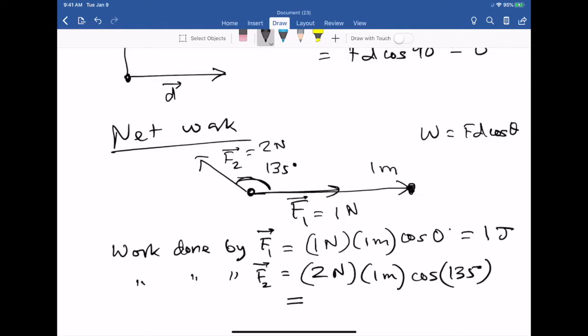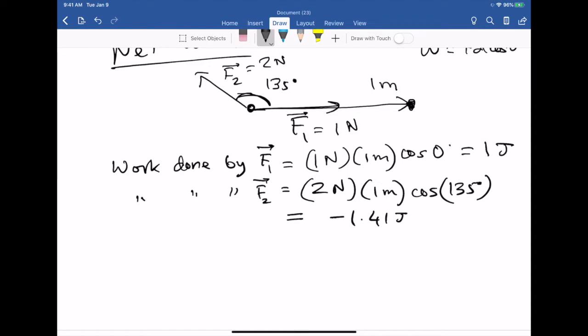Let me just calculate that. So that's minus root 2, minus 1.41 joules.